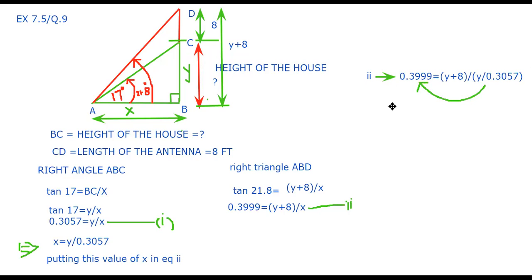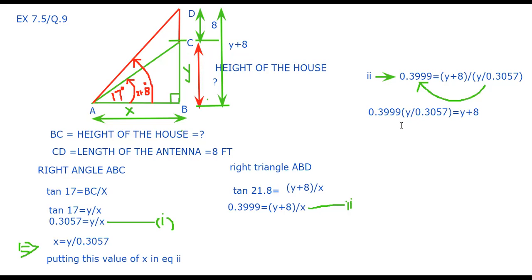Then the equation will become 0.3999 multiplied by y divided by 0.3057 equals, on the right hand side, y plus 8. I have cross multiplied the term which was in the divisor to the other side.